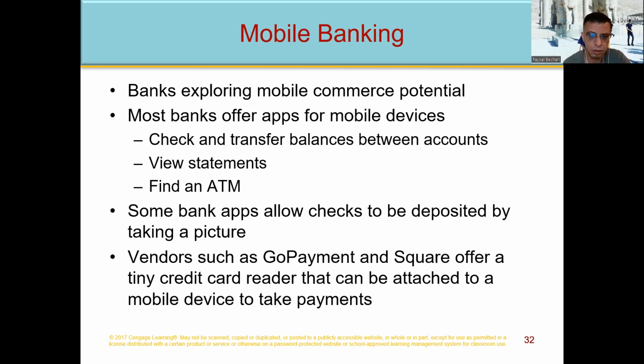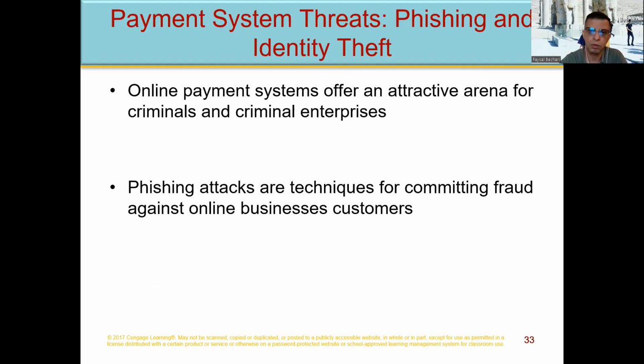The big five banks do that. Vendors such as GoPayment and Square offer a tiny credit card reader that can be attached to a mobile device to take payments. You can plug the small reader into the phone, and it can take the payment, by tapping or even through the device.